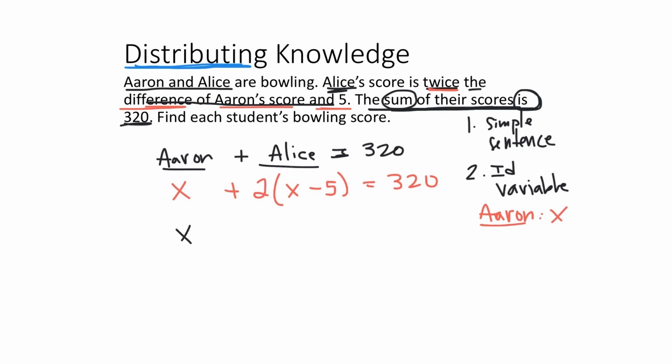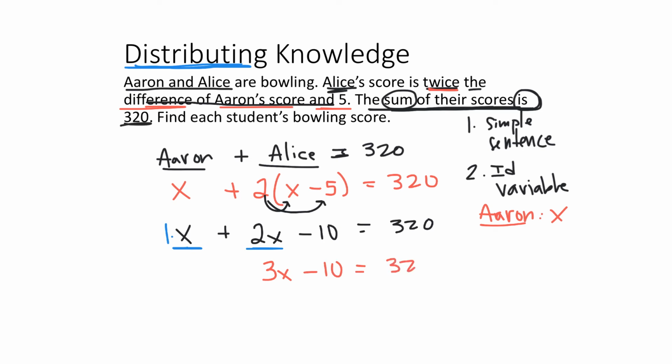So we have x plus, we can distribute this 2 here, so we get 2x minus 10 equaling 320. We identify our like terms, 1x and 2x, so we simplify that first. 3x minus 10 equals 320.